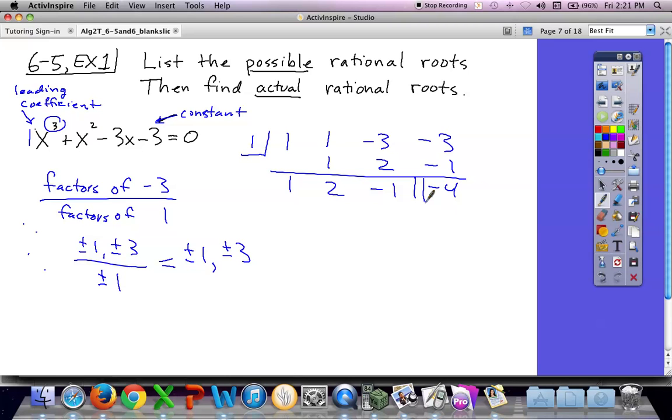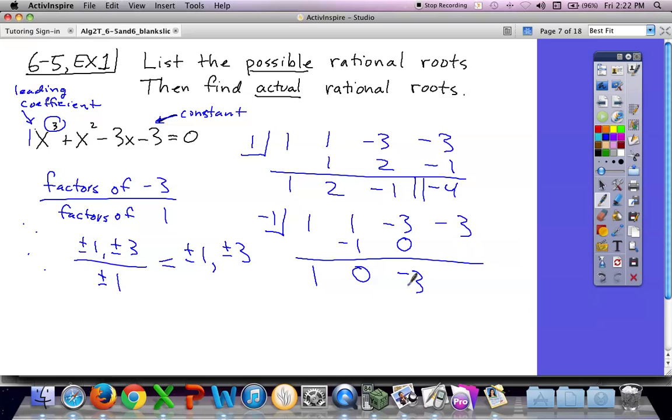Okay, try it again. I'll try -1 this time. 1, 1, -3, -3. And this time I'll do -1 in the bracket. Bring down the 1. -1 times 1, -1. Add. -1 times 0, 0. Add.